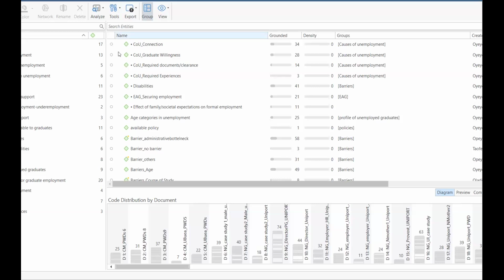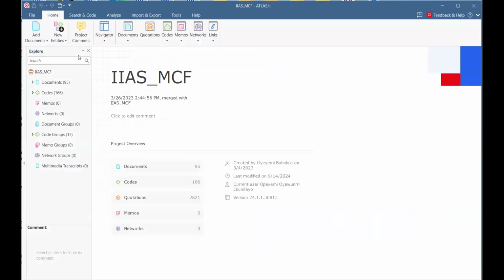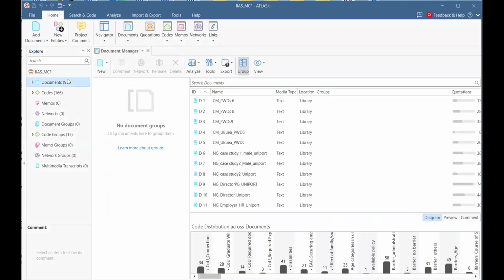These are the codes I will start putting quotations into. Having shown you this, let's go back to the documents. Remember I said for the free software, you're allowed to bring in 10 documents. I'm not sure if the new version will allow more than that, but the last time I saw, this is my own ATLAS.TI 24.